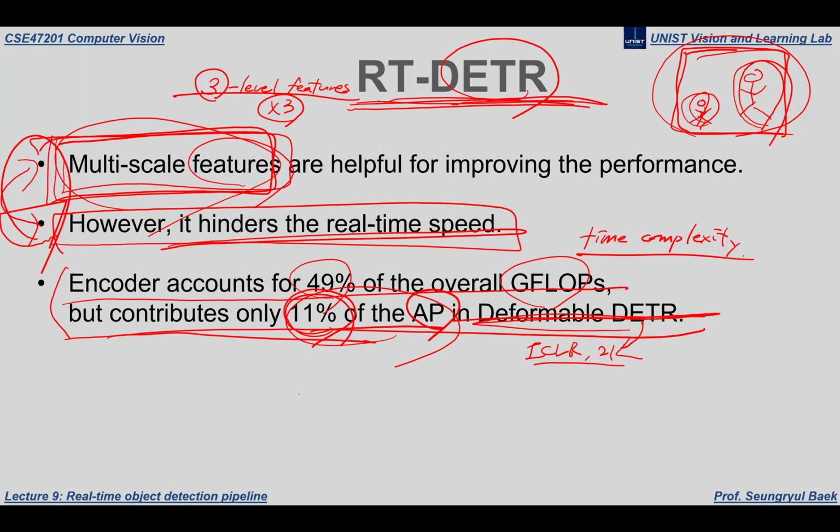By experiment, they revealed that the encoders are not very helpful for improving the accuracy. But even though their contribution to accuracy is low, the encoder takes a lot of time, almost half of the overall time complexity.